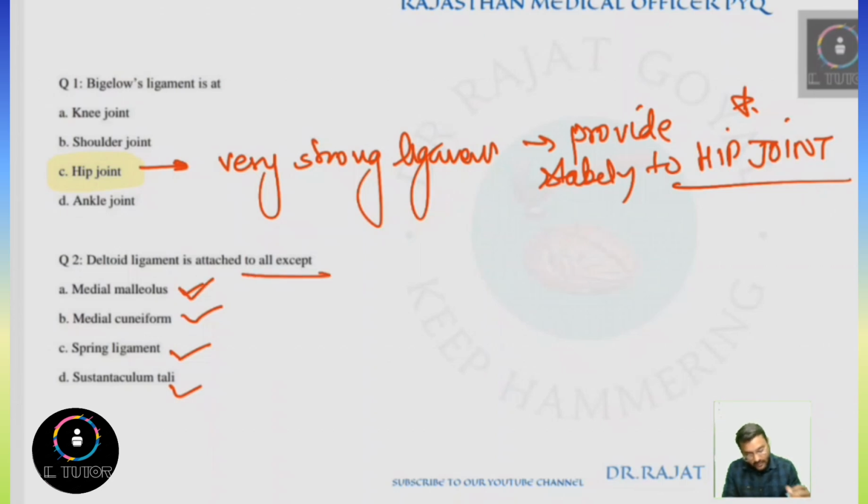This is true. Medial cuneiform, no, this is not true. Medial cuneiform is not an attachment for deltoid ligament. So the answer will be option number B. Deltoid ligament is attached to the medial malleolus, sustentaculum tali and spring ligament, but it is not attached to the medial cuneiform.